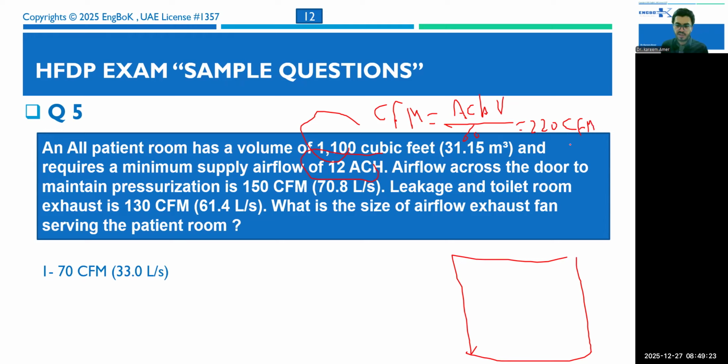So this supply for the AII room is 220. Airflow across the door to maintain pressurization is 150. So here, this is the patient room, and this is a corridor.